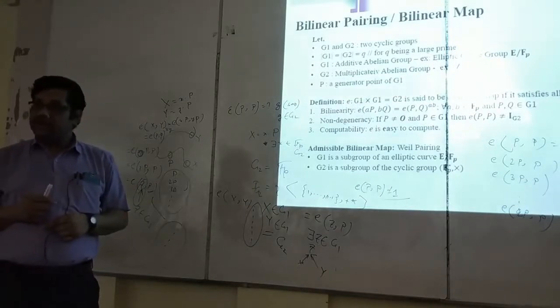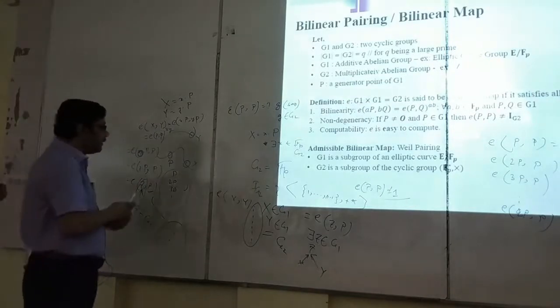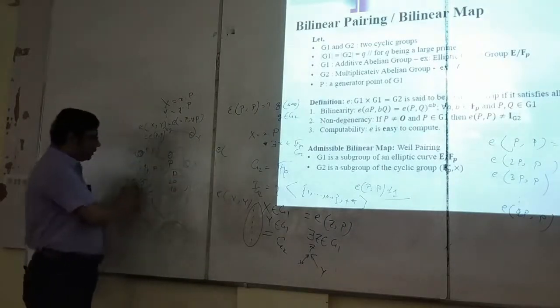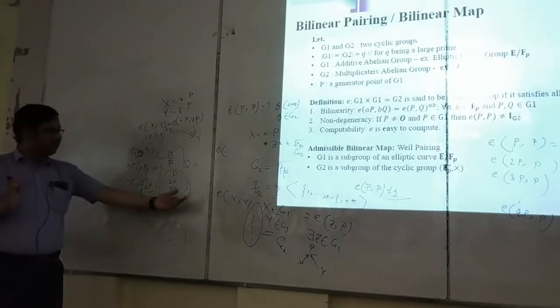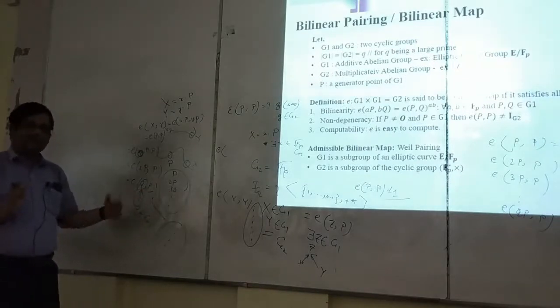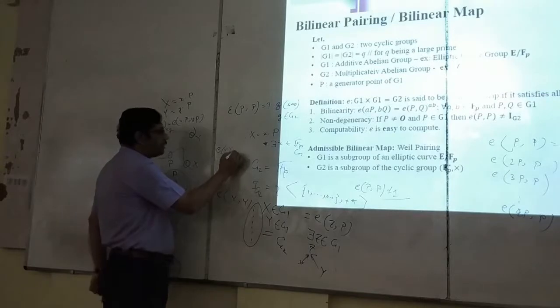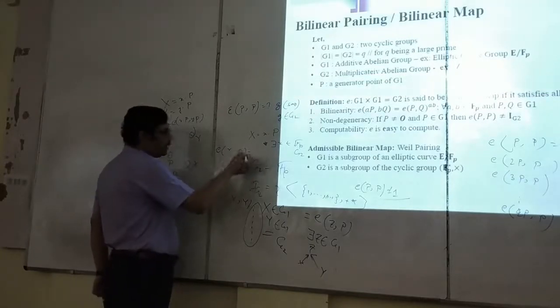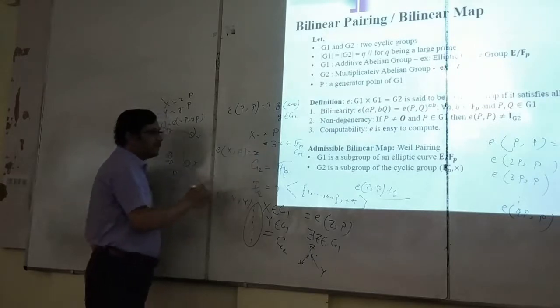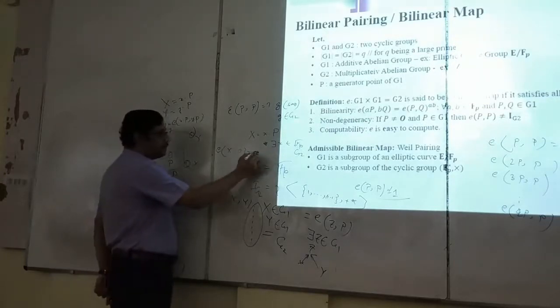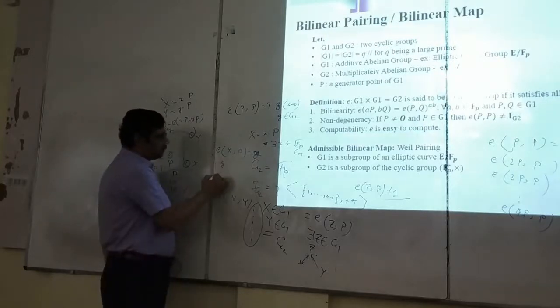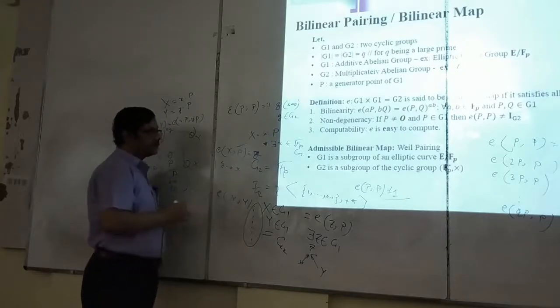What do you mean by one-way function? That means given E(x, y), or let us keep this side constant, because we have seen that E(x, y) is nothing but equivalent to E(z, P). So calculating xP for some x in G1 is easy. But given g, P is global, calculating x is difficult.